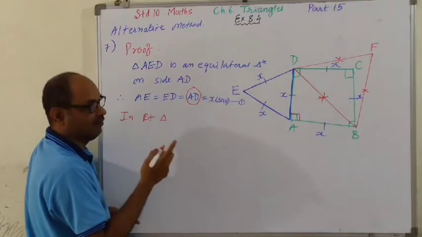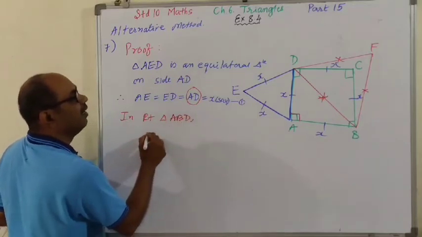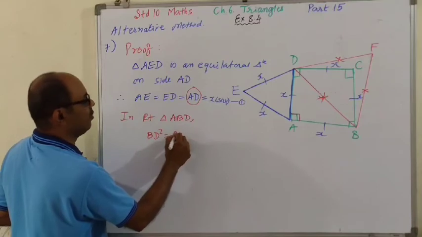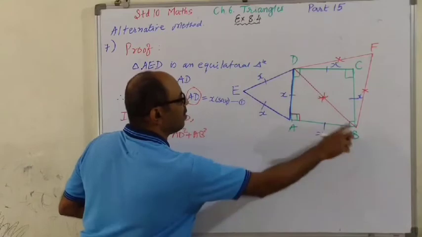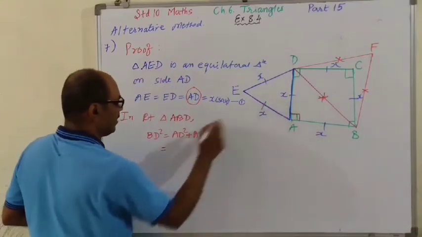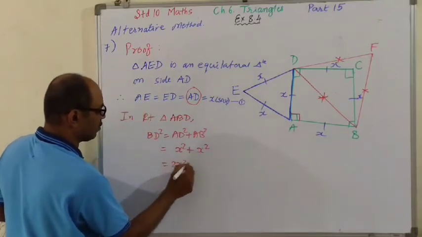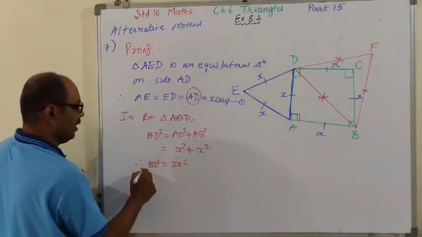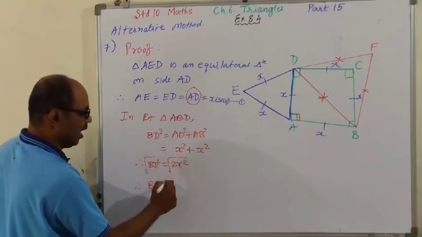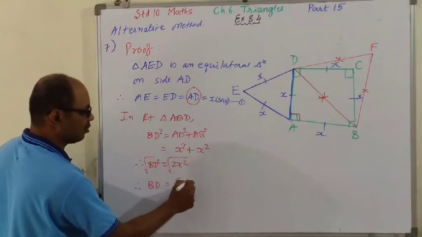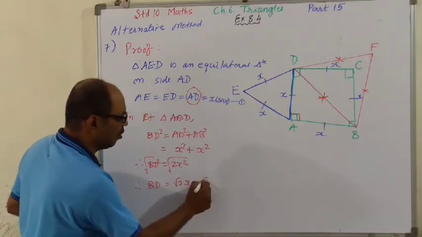So using Pythagoras we can find BD. In right triangle ABD, BD square is equal to AD square plus AB square. AD is x, so x square. AB is x, so x square. So that is 2x square. BD square is 2x square. Taking square root on both sides, BD is equal to √2x. Result number 2.